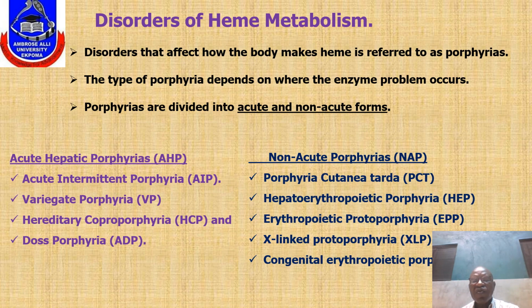In non-acute porphyria, however, you have porphyria cutanea tarda, hepatoerythropoietic porphyria, erythropoietic protoporphyria, and X-linked protoporphyria. We also have congenital erythropoietic porphyria.